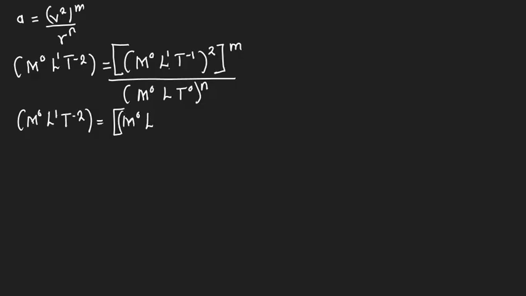Then L: here, 2 multiplied by 0 is just 0, 2 multiplied by 1 is 2, and 2 multiplied by negative 1 is T negative 1. So this is to the power M, all over N to the power 0, so it's M to the power 0. This is L to the power 1 multiplied by N, so it's L to the power N, and then T to the power 0.